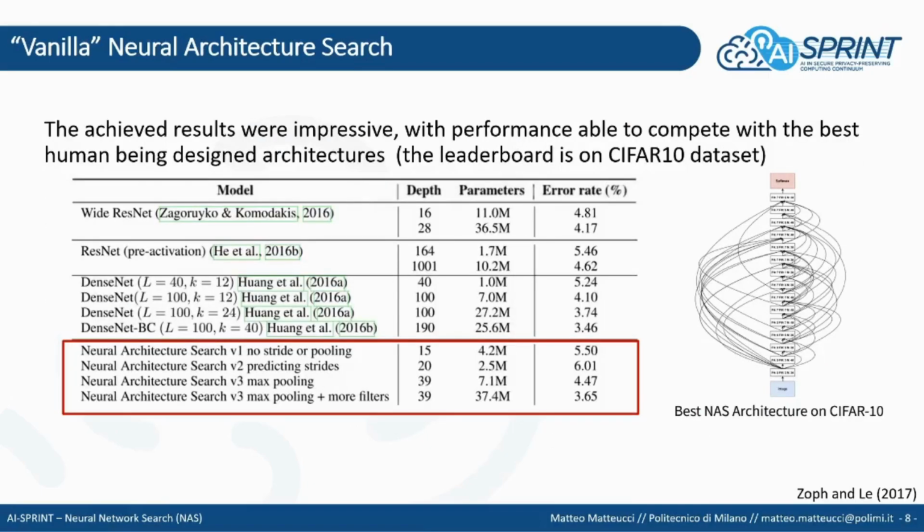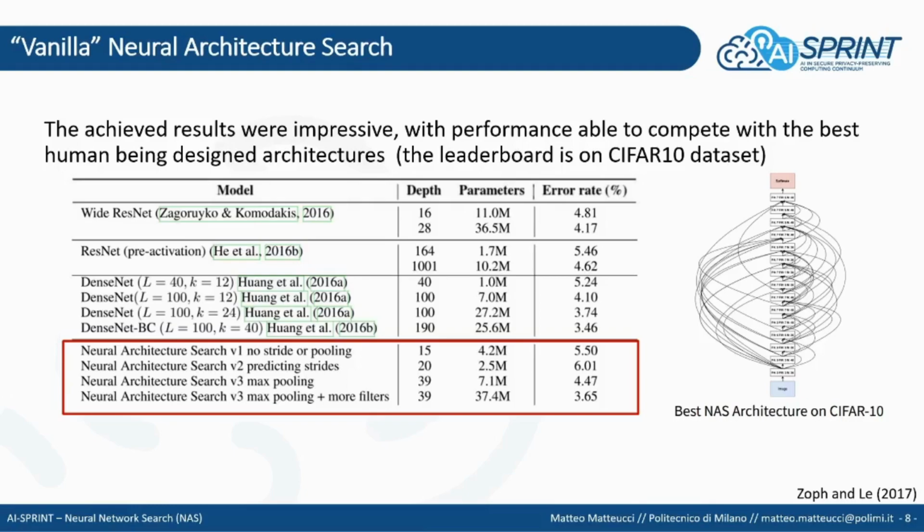This model was presented in 2017, and the results it achieved were quite impressive. The accuracy that this model was able to obtain was able to compete with the best human-designed architectures. For instance, in this case, you see some examples with an error rate on the bottom right, which is very close to the error rate of human-designed networks.